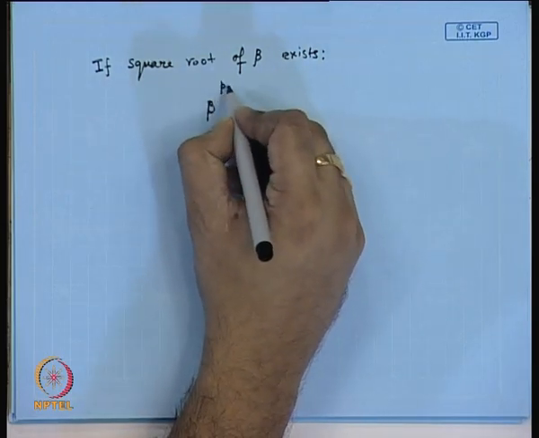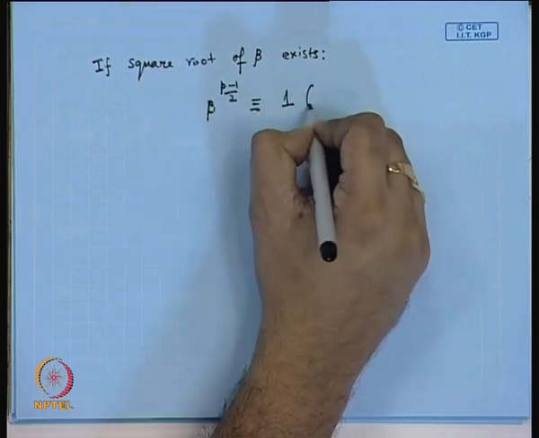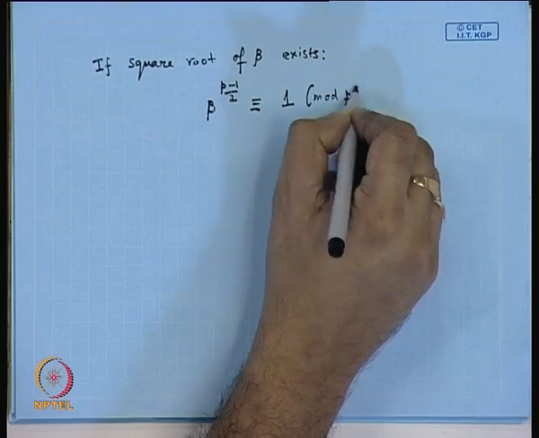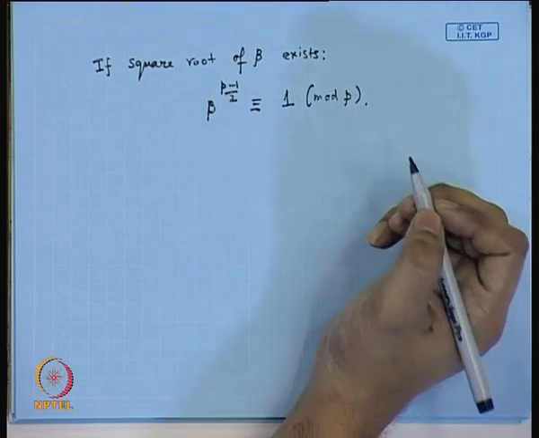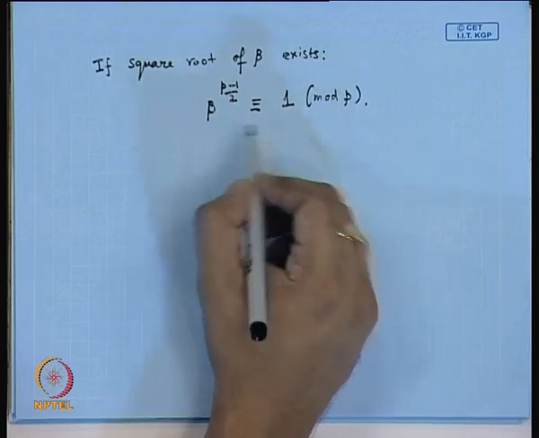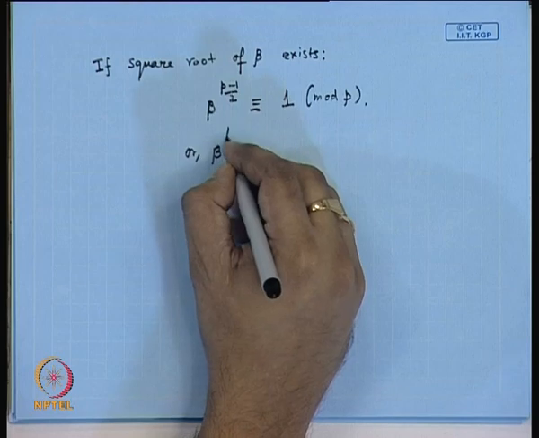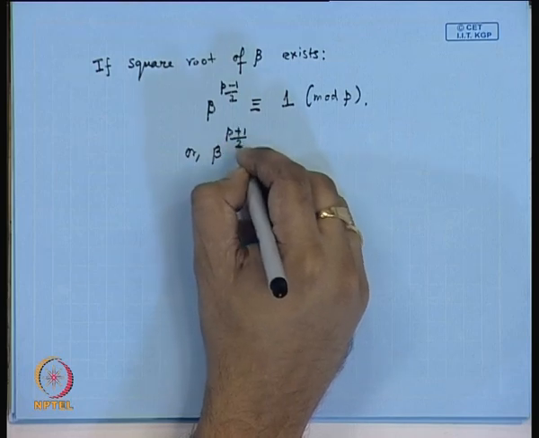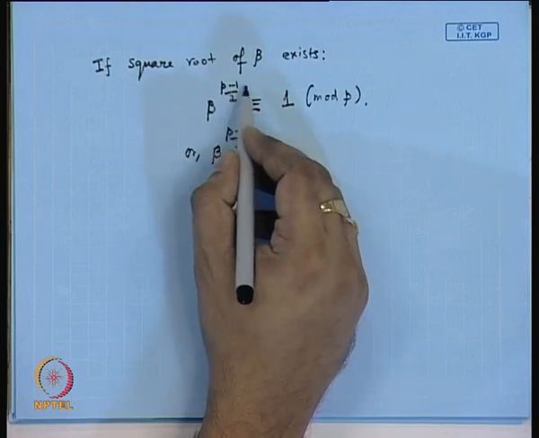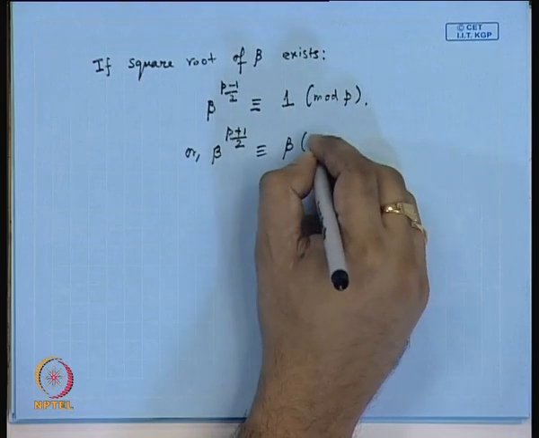That means beta to the power of p minus 1 by 2 is congruent to 1 modulo p from Euler's criterion, right. So we multiply both sides by beta. On the left side you get beta to the power of p plus 1 by 2, because multiplying by beta adds 1, and on the right hand side you get beta modulo p.